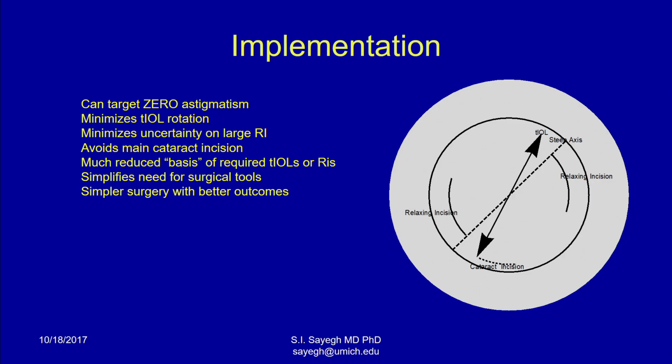And here's a representation of the surgery itself. So that's the eye of the patient, that's the cornea. And what you would need to do, this is the axis of the steep where you have maximum curvature. This is your cataract incision, so you're going to be entering the eye from here, right? And so these are going to be the incisions you're going to make with the laser or with the diamond knife, it doesn't matter.